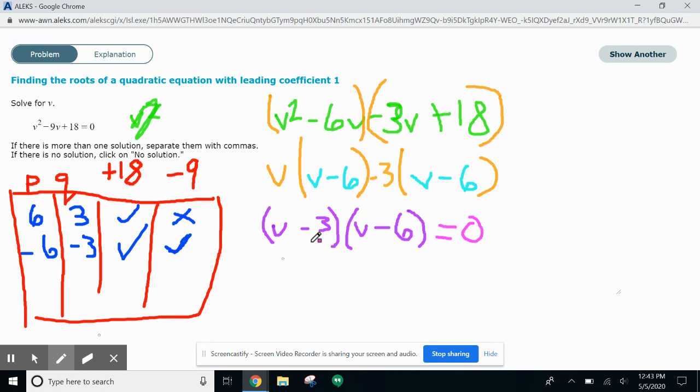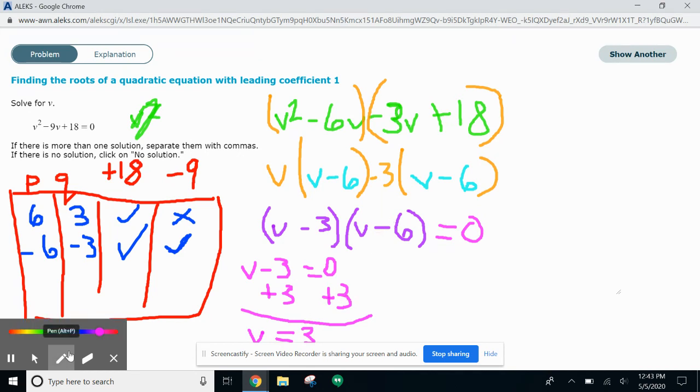V minus 3 equals 0 will be the first one, and the opposite of negative 3 will be plus 3, so V equals 3.